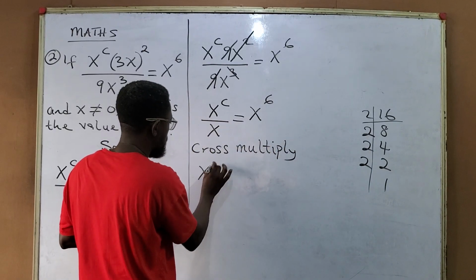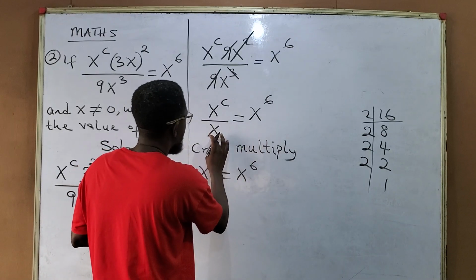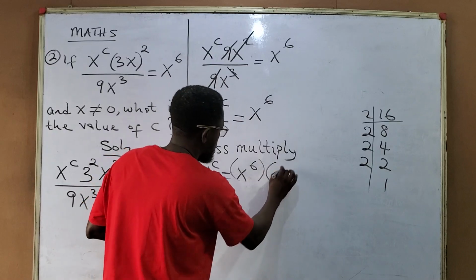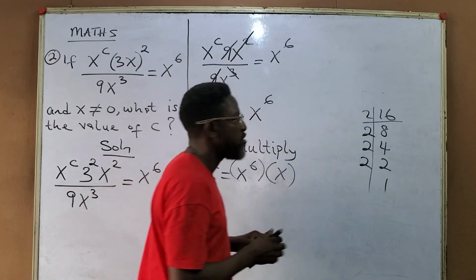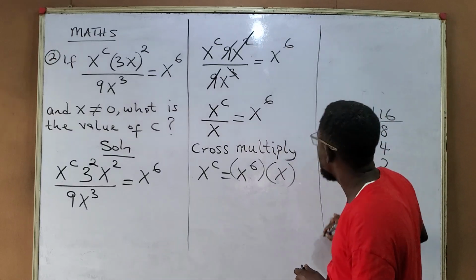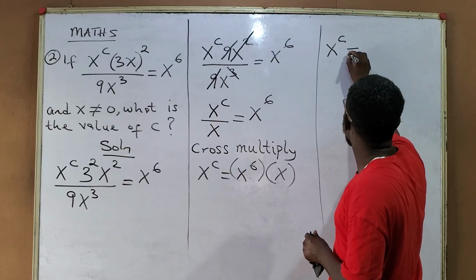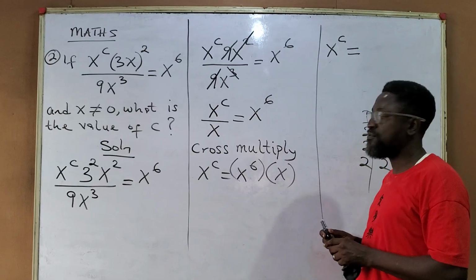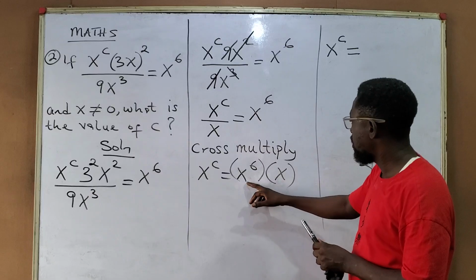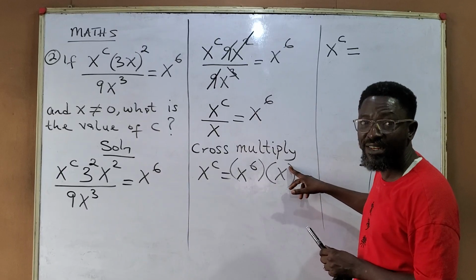So we have x to the power c equals x to the power 6 multiplied by x. You see I have x to the power c. So if we apply the first rule of exponent which we treated in our first lecture, there's x here, there's x. And this one is simply x to the power 1.